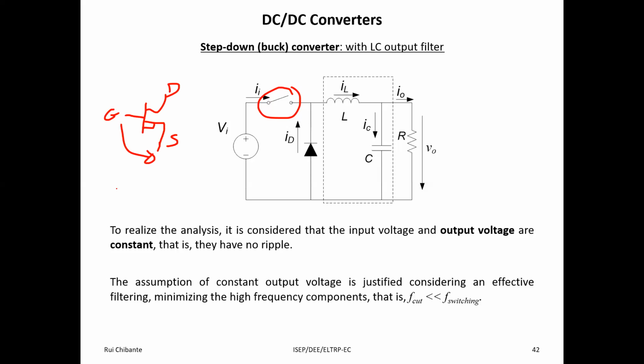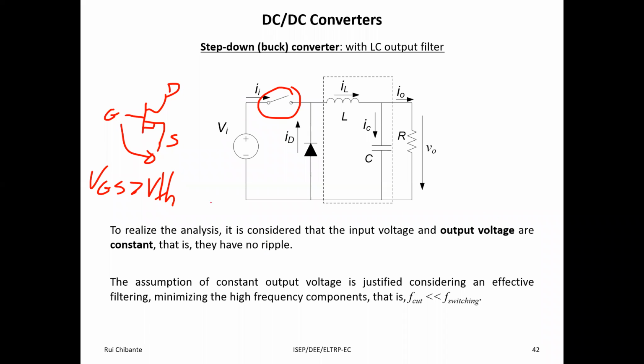We need to remember this: we can control if this transistor is on or off by setting the gate-to-source voltage greater than the threshold voltage that the manufacturer indicates in the datasheet.